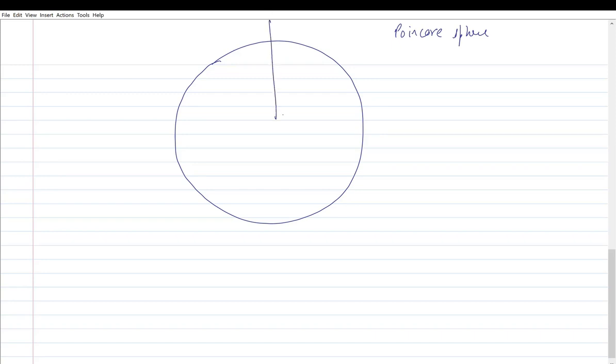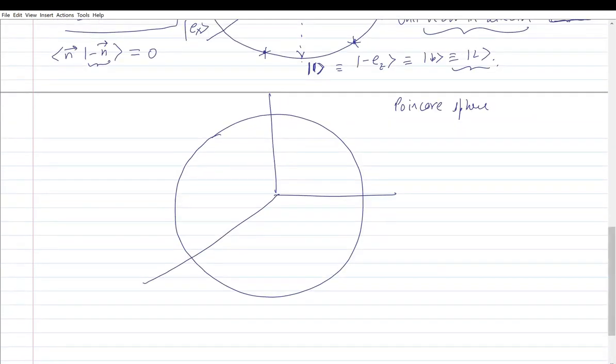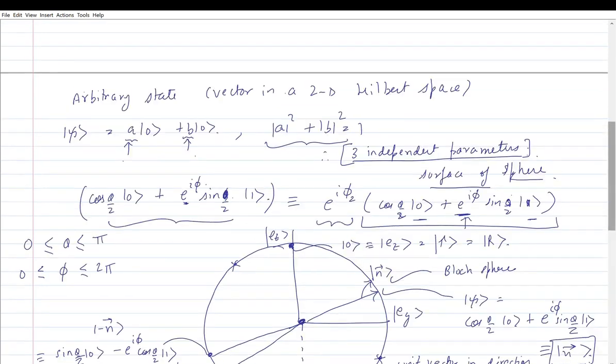So once again, I have the axes, and let me just label other states on this qubit also.